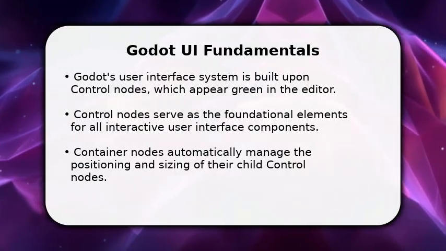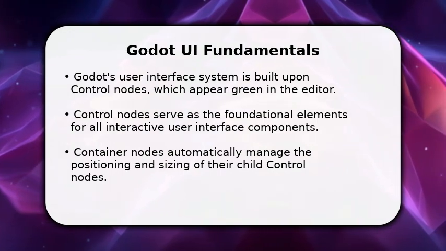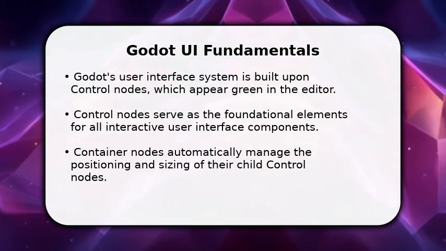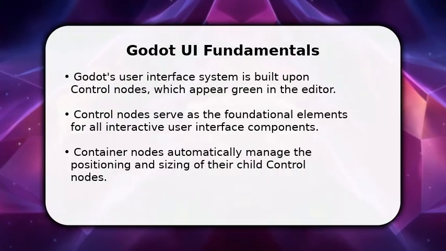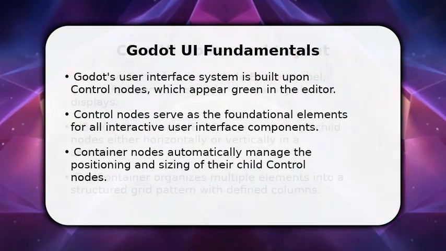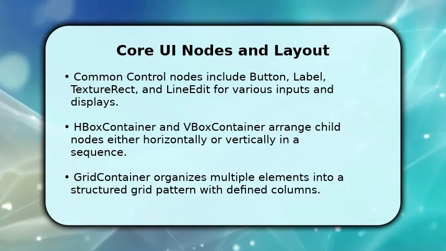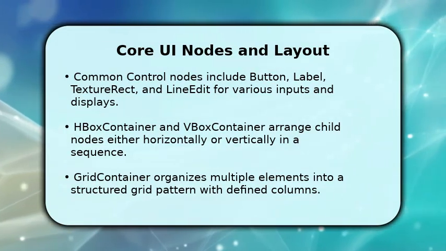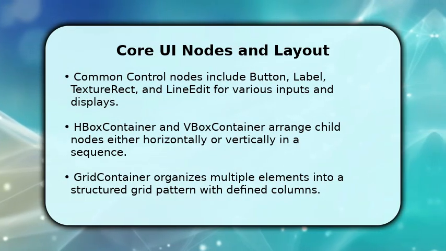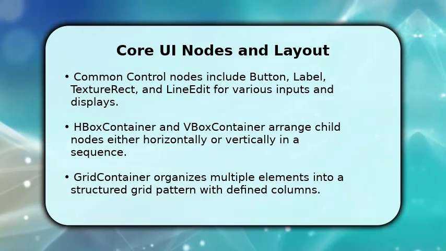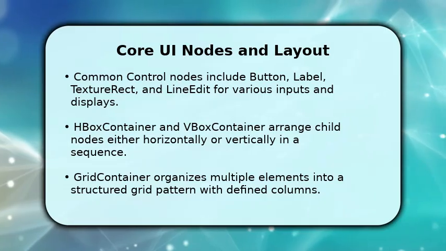You have the flexibility to build your UI directly within your game scene, or create dedicated UI scenes for better organization. Now, let's explore some essential UI nodes and how to arrange them. Basic elements like buttons, labels for text, texture rects for images, and line edits for single-line input are fundamental.